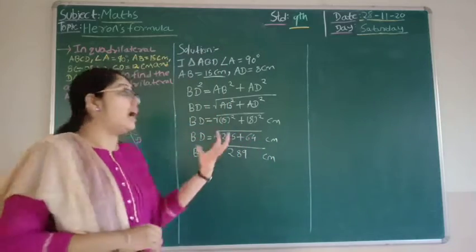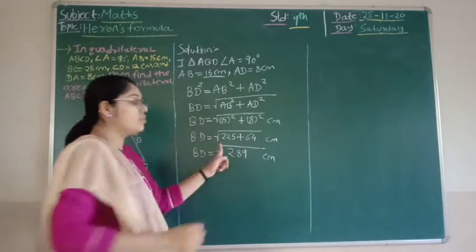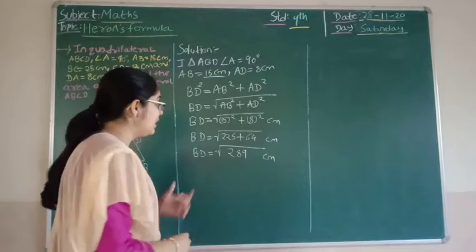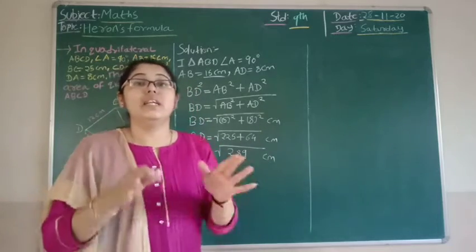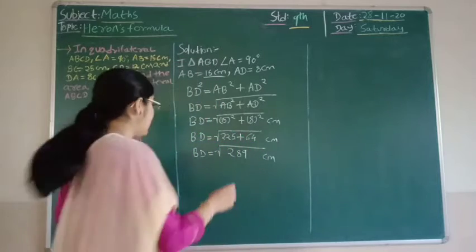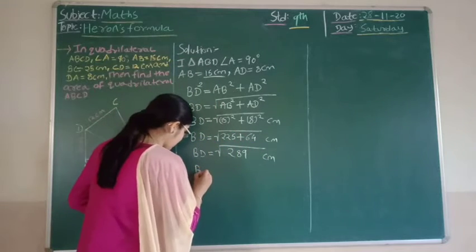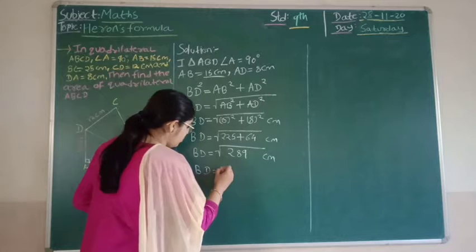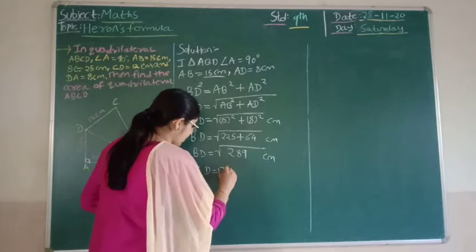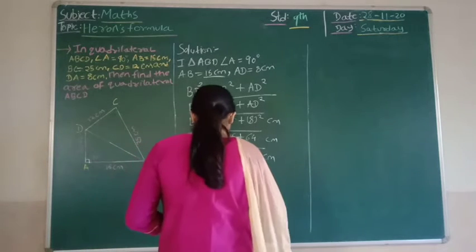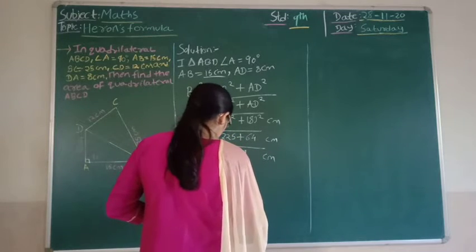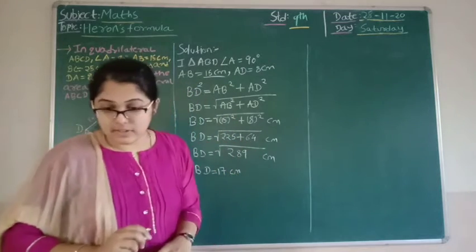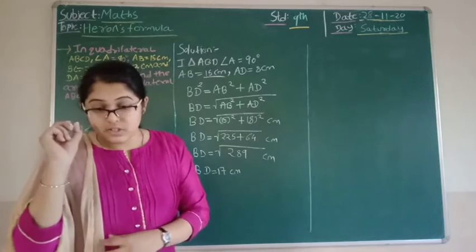Now, if I find the under root value, to remove this root, I can say that 17 multiplied by 17 is nothing but 289. So I can write BD equals 17 centimeter, and the unit will be centimeter, right?